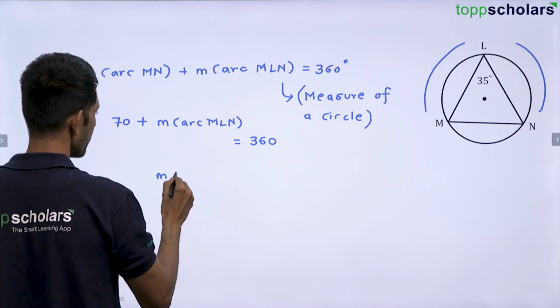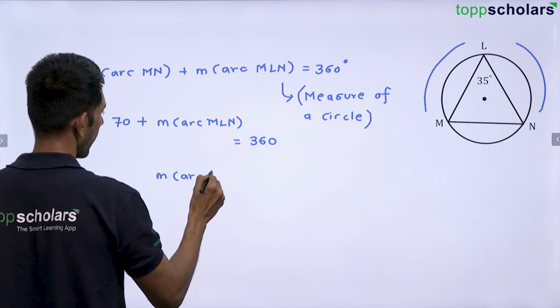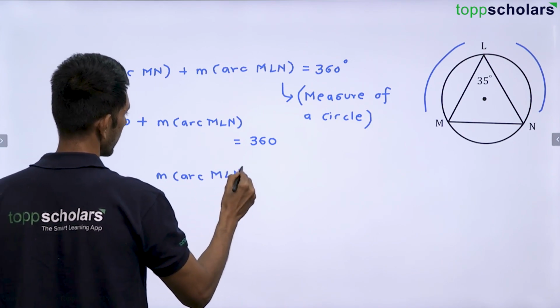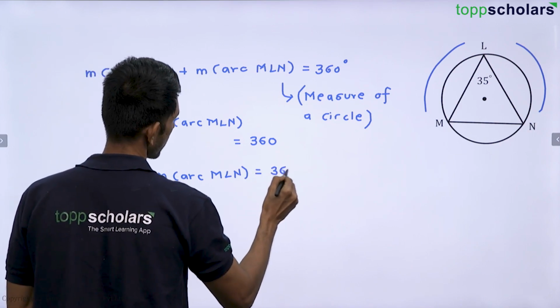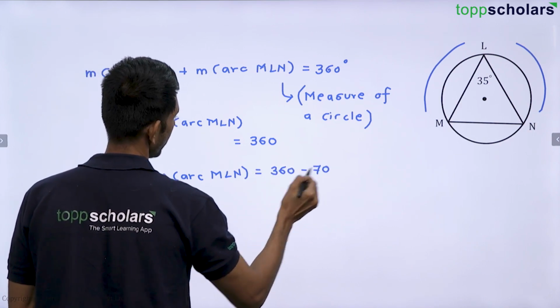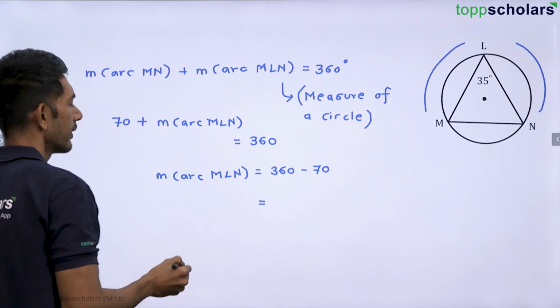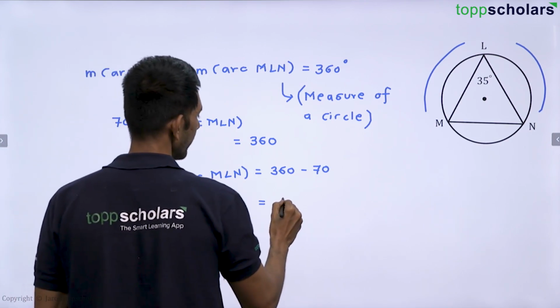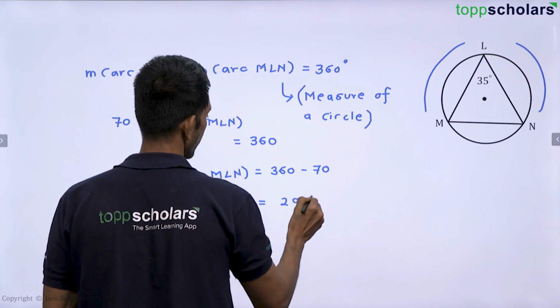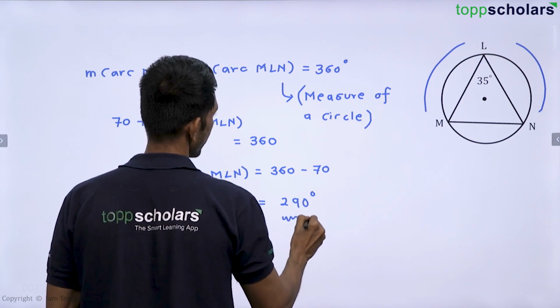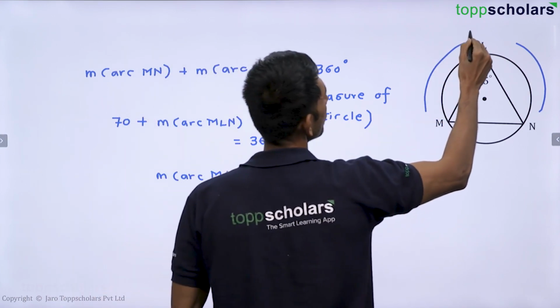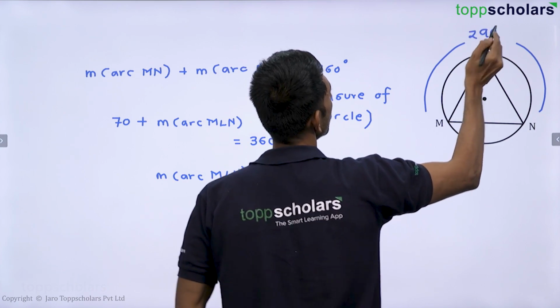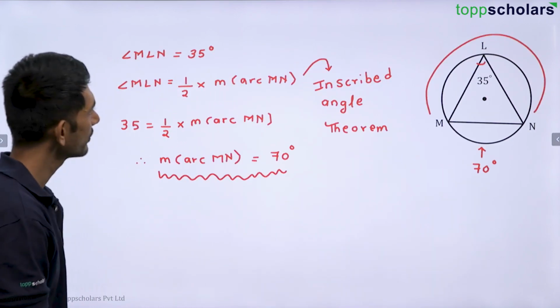So we'll say measure of arc MLN is equal to 360 minus 70. Correct, that is 290 degrees. So yes, 290 degrees is the answer for this. Correct? I hope this is clear.